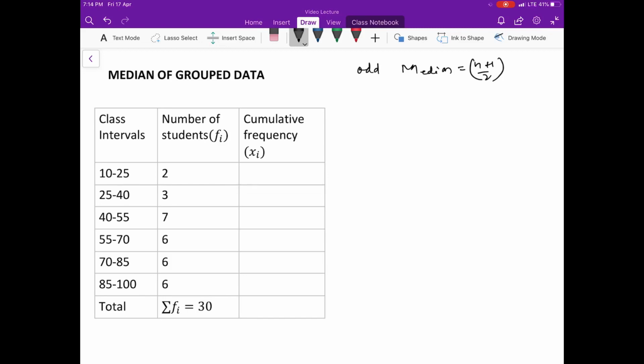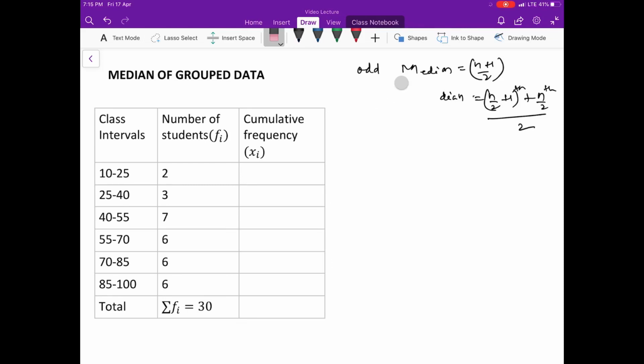To calculate the median we first arrange the data in ascending order. If the number of observations is even, then the median is the average of the n by 2th and (n by 2 plus 1)th observations, divided by 2. This is the average of 2 observations if we have an even number of observations.